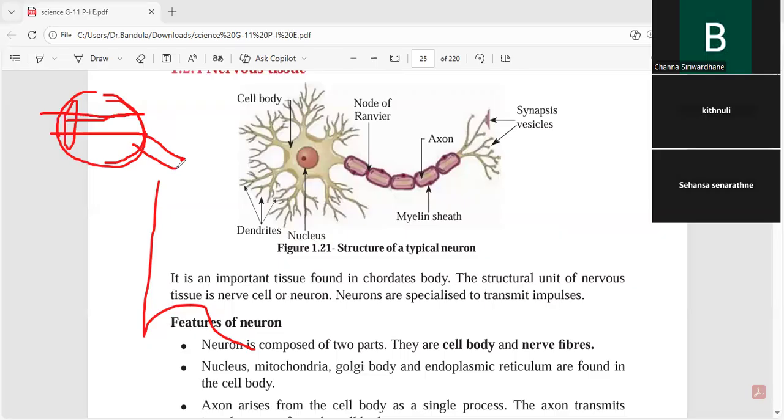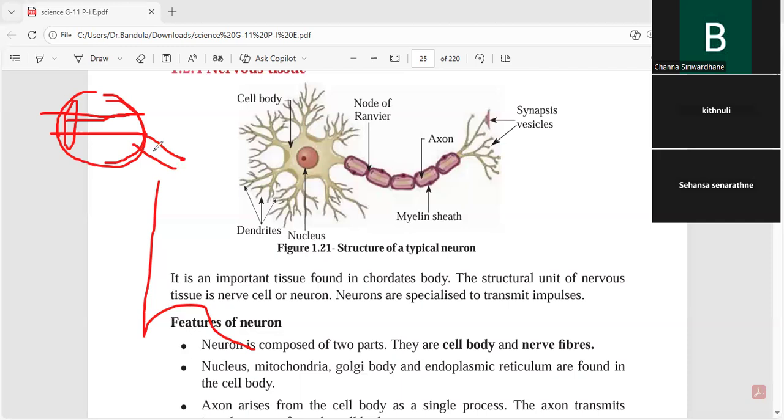Yes, now you know there are two types of cells on the retina. But I am asking the name of the nerve here. Optic nerve. It is very good. It is the optic nerve.